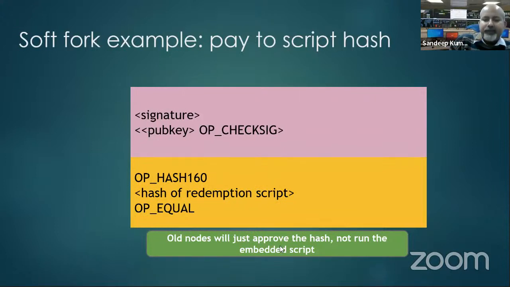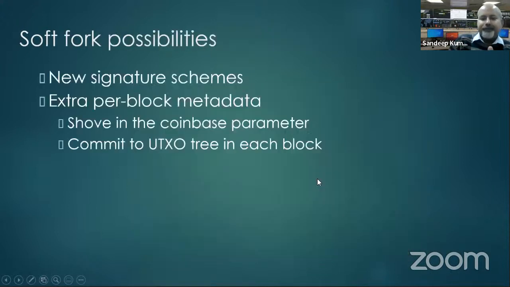When this was introduced, this led to a soft fork, because the old nodes, the nodes that did not change the software, will not execute this script, but they will not reject this transaction as a bad transaction. They will think that it is an address. So this is how soft forks are created. New signature schemes, extra per-block metadata, etc., are actually soft fork possibilities.